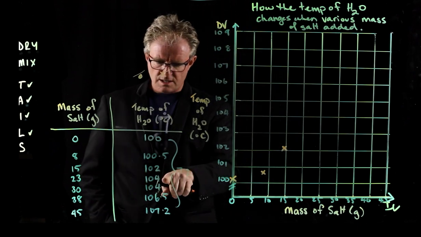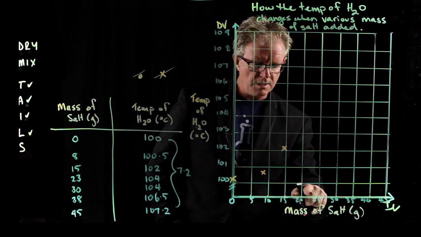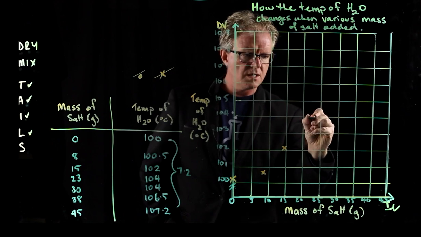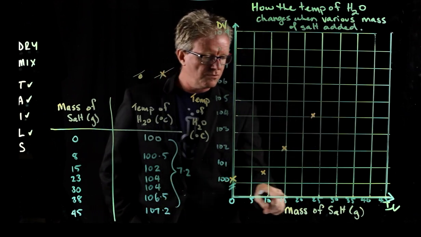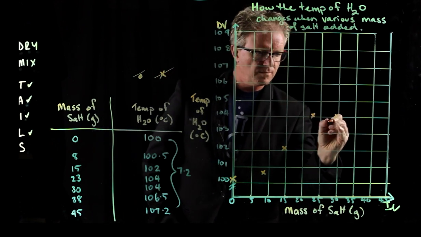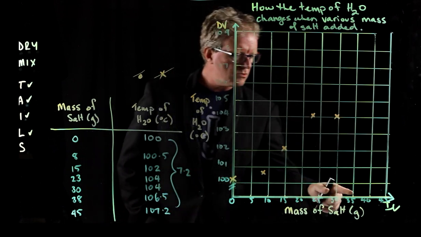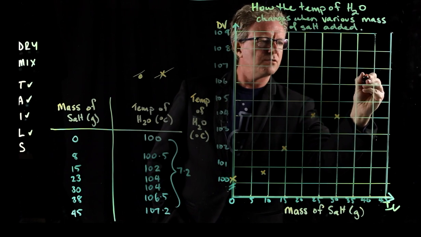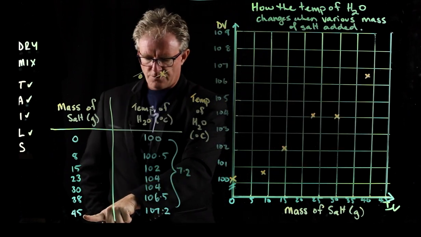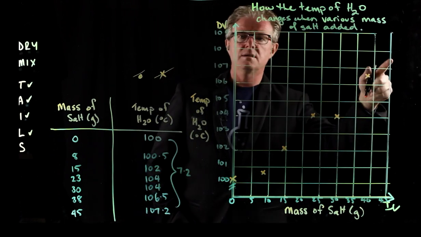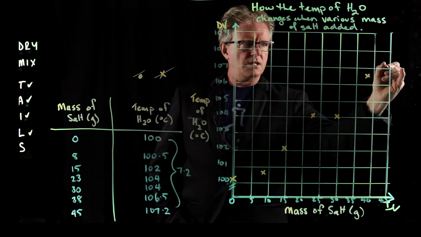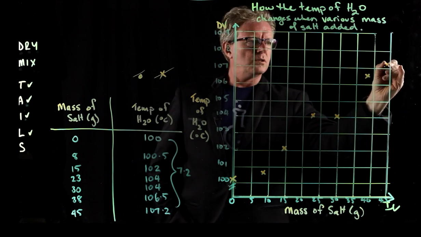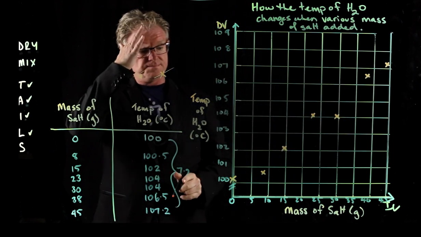At 23 it's 104, so 23 is about there, 104 is there. At 30, it's 104, 30, 104. At 38, it's 106.5. And then at 45, it's 107.2. So there's our data.